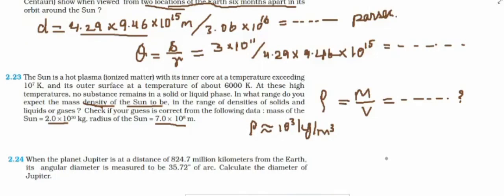We believe that the gravitational force in the sun is extremely high. So what happens? The gas is at a highly compressed stage. As the gases are at a very highly compressed stage, its density will be in the order of density of solids. That is the reason you get the answer in this particular range.